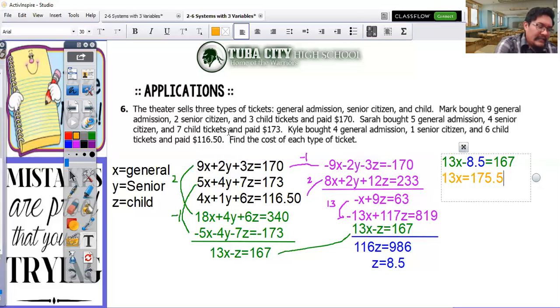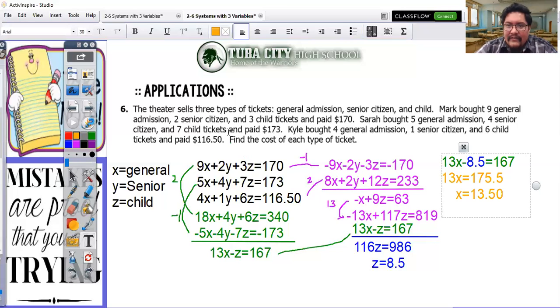Then I'm going to divide that by 13, and it should give me hopefully a good number. Now remember, these are dollar amounts. So in this case, I got 13.5, or $13.50. That seems like a pretty okay price for a ticket.